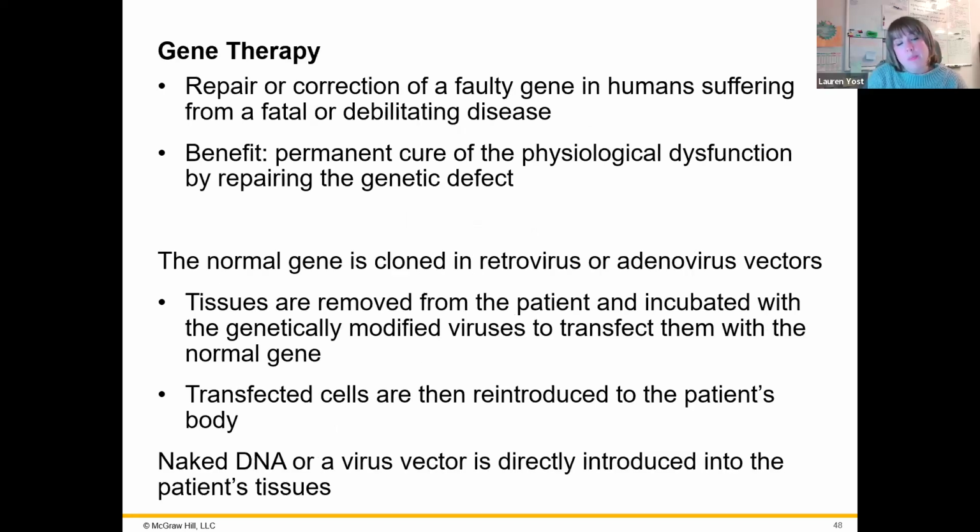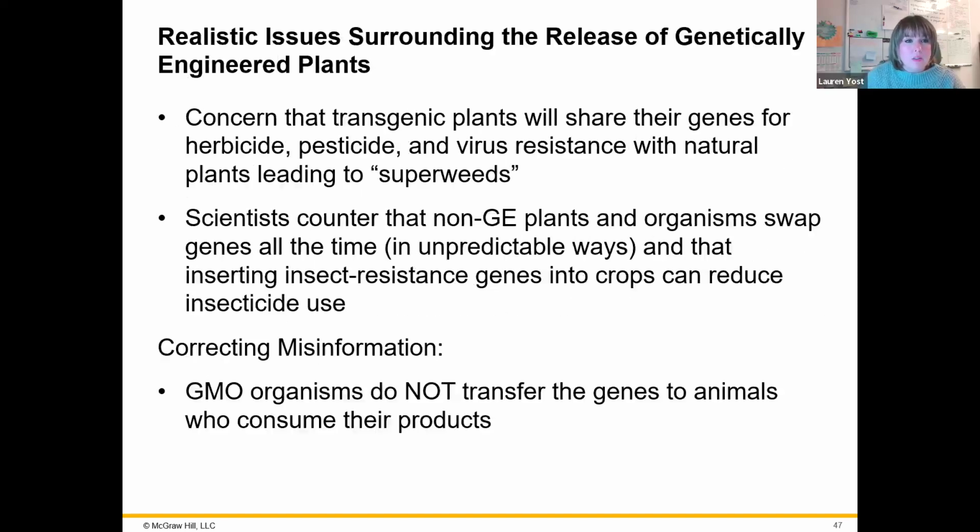This also leads into the concept of gene therapy. This is the idea that we can basically alter the genetic makeup of organisms intentionally, including you. And so we could use some of this technology in order to change your genetic makeup. I'm not talking about changing your eye color.